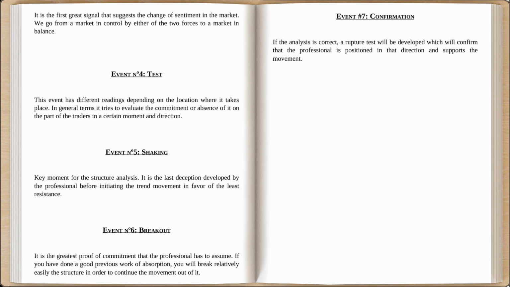Event number 6. Breakout. It is the greatest proof of commitment that the professional has to assume. If you have done a good previous work of absorption, you will break relatively easily the structure in order to continue the movement out of it. Event number 7. Confirmation. If the analysis is correct, a rupture test will be developed which will confirm that the professional is positioned in that direction and supports the movement.